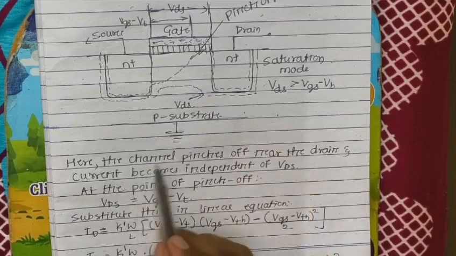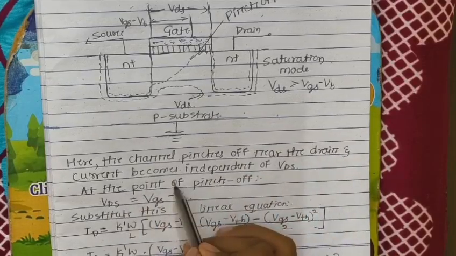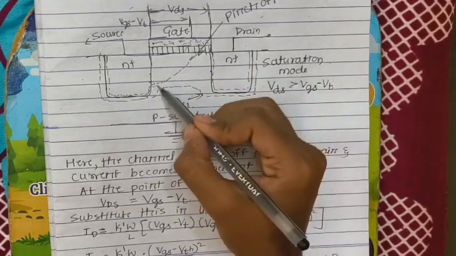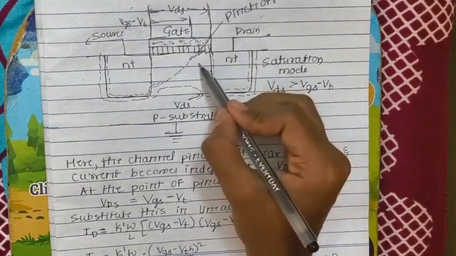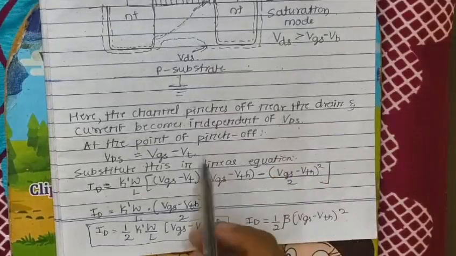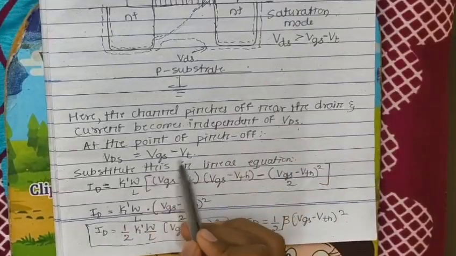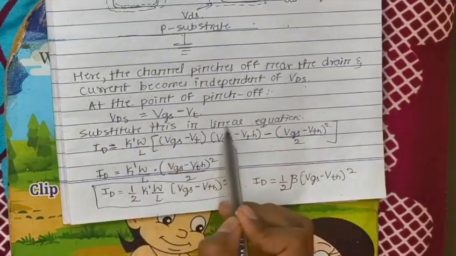Here the channel pinches off near the drain and current becomes independent of VDS. Here you can see the pinch off near the drain. At the point of pinch off, VDS is equal to VGS minus VT. Substitute this value in the linear equation.